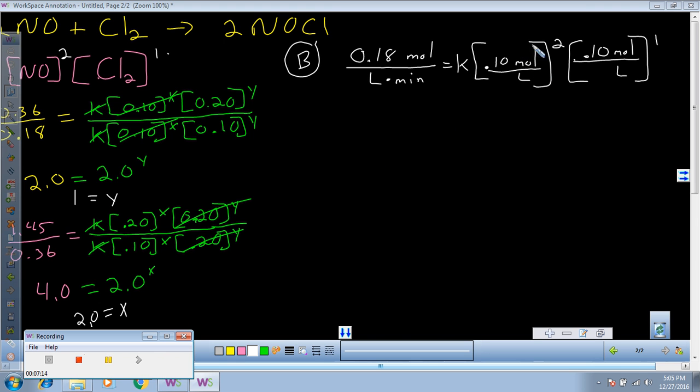So I need to square everything in here. I'm going to go 0.10 squared, and I need to square the moles and the liters. And over here, this is to the first order, so I don't have to do that.